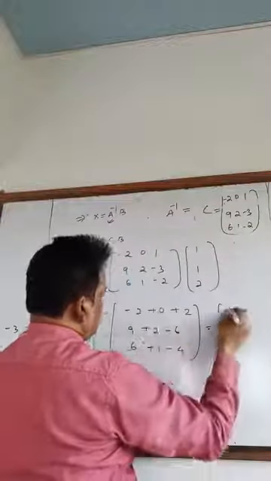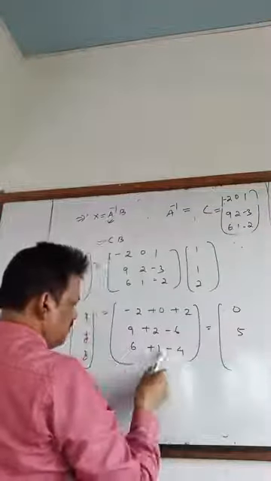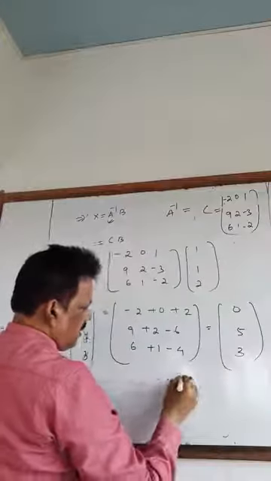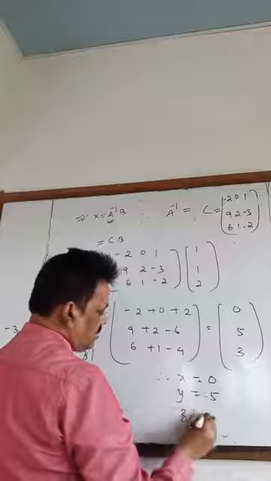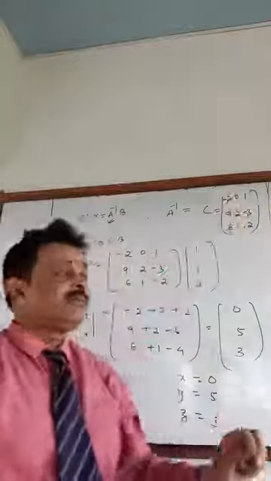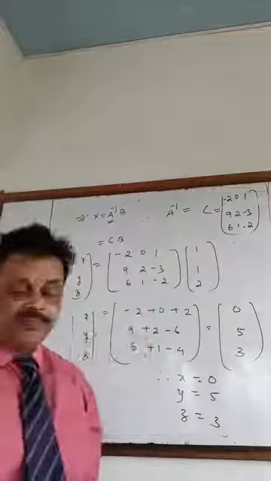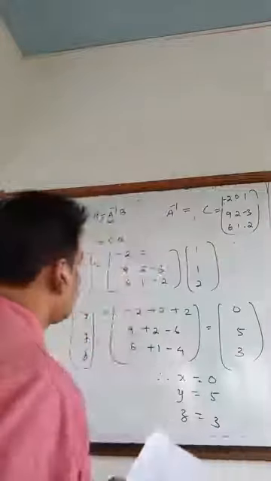This is 0, 9 plus 2 is 11 minus 6 is 5, 6 plus 1 is 7 minus 4 is 3. That means x equals 0, y equals 5, z equals 3. So when you get a question, use the product to find A inverse from here, then you solve it. Okay, see another pattern question. Sometimes you get a word problem on this.